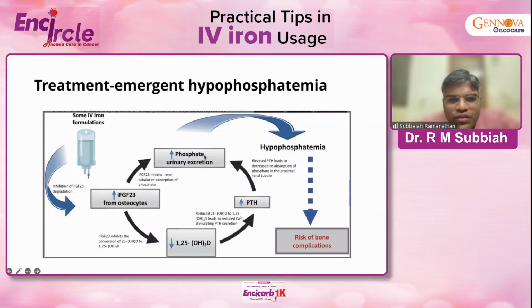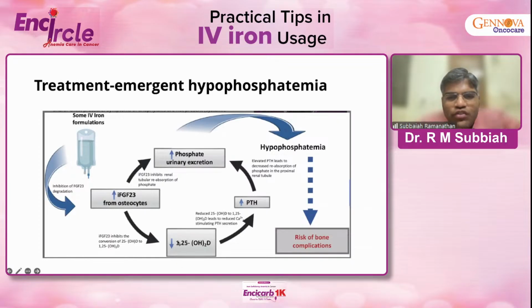One is it increases phosphate excretion via urine. So the reabsorption of phosphate is inhibited there because of this induced FGF23 from osteocytes, which is stimulated by IV iron. And it also inhibits the conversion of vitamin D 25 hydroxy to 1,25 dihydroxy form. So the active form of vitamin D formation is hampered there.